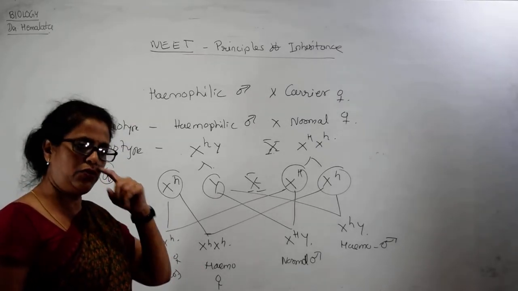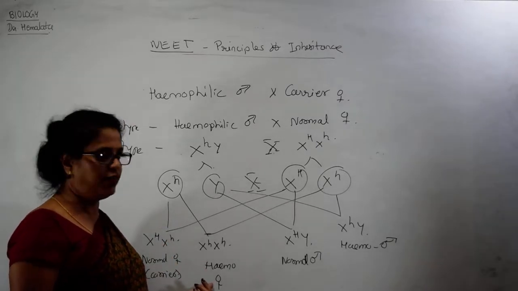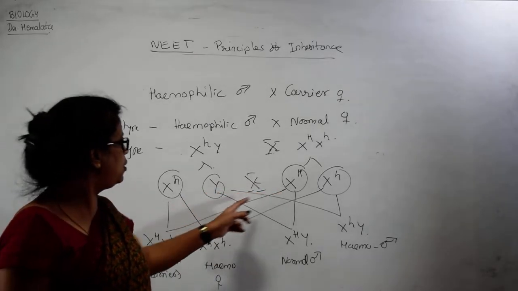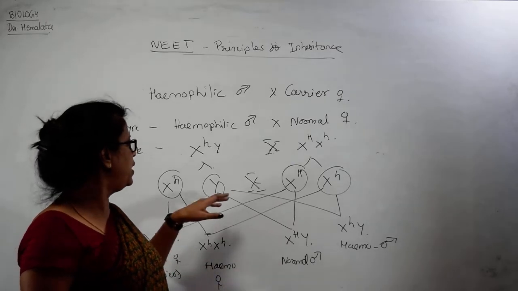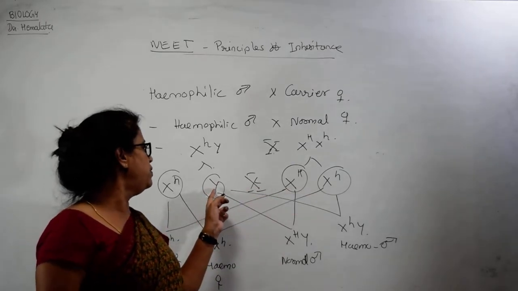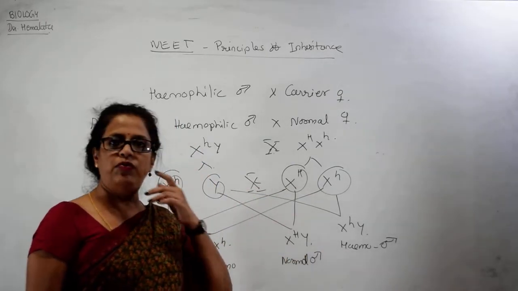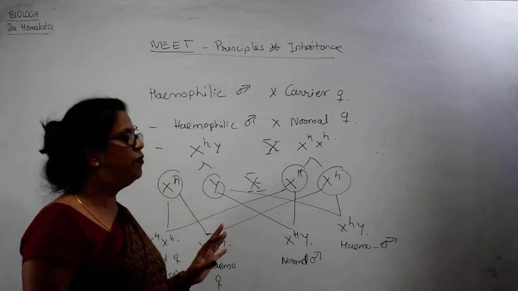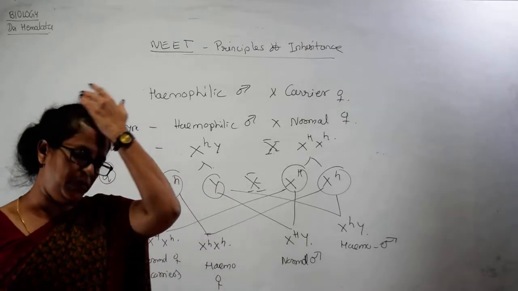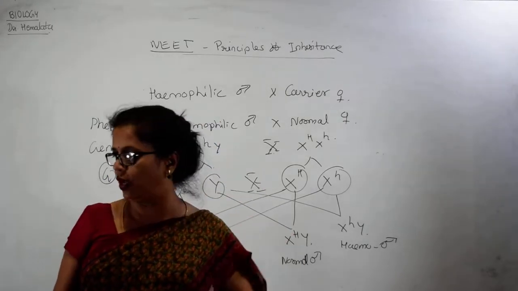She will get hemophilia. I told you such females will not survive further. Next is another cross where capital H and Y will be normal, but whenever small h combines with the Y, that is the hemophilic male. Among the four possibilities, males affected 1:1, females also 1:1.